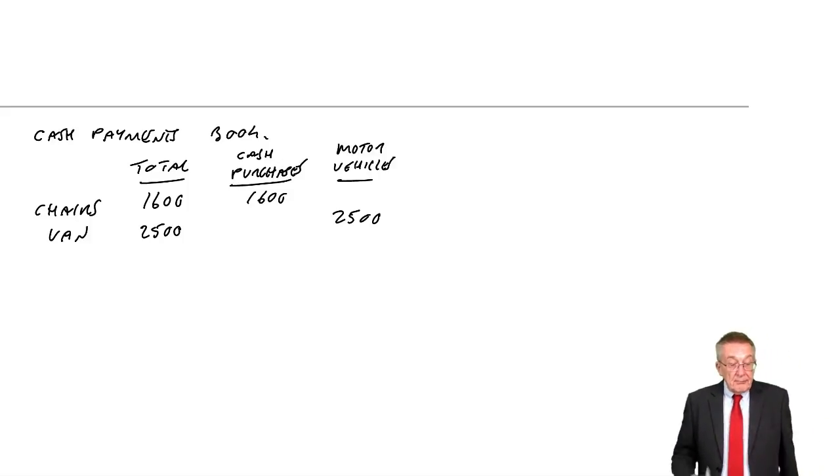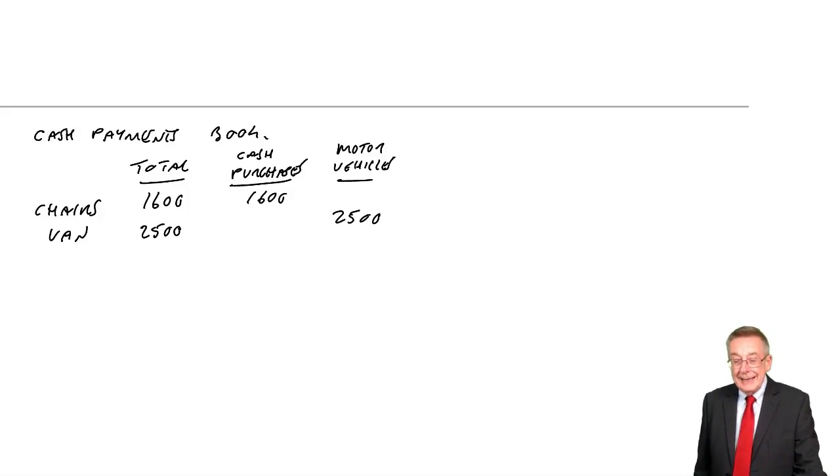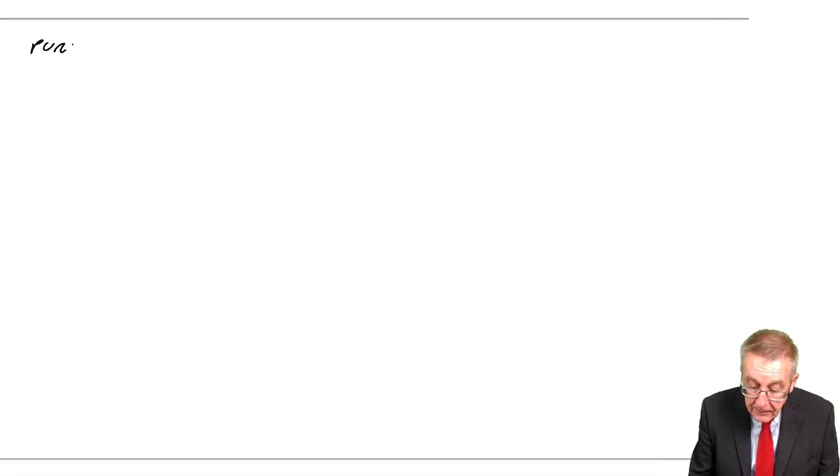Next, E. We buy more chairs, this time for $400 on credit. Well, if we buy anything on credit, we'll list it, if you remember, in the purchases journal or purchase day book.